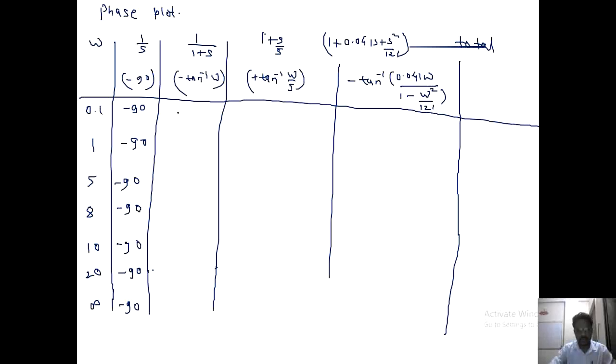So what we will get: all the values will be minus, so minus 1.14, minus 1.13, minus 45. For omega equal to 8 we will get 58.